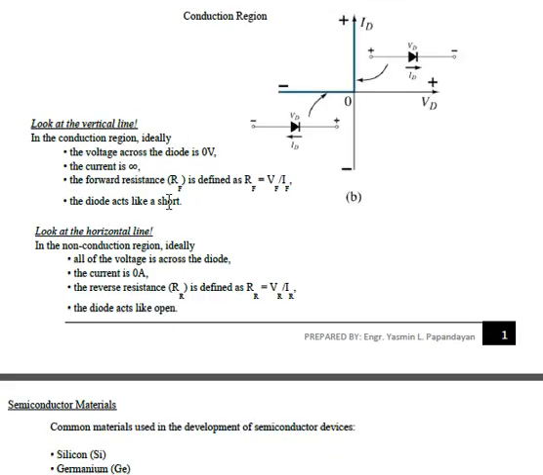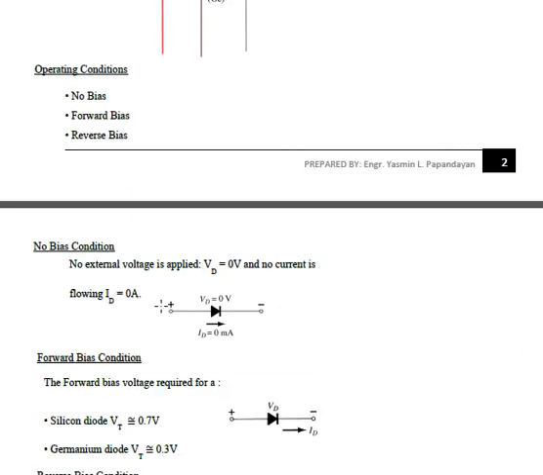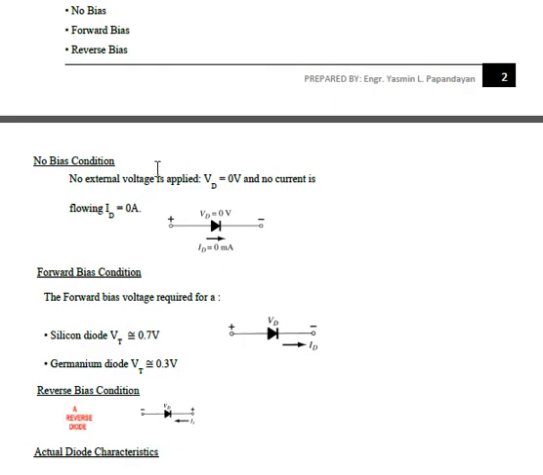Okay, so ito yung forward bias, ito naman yung reverse bias. Okay, so yun, same as what I have said, no bias, there is no current and there is no voltage, so stable.